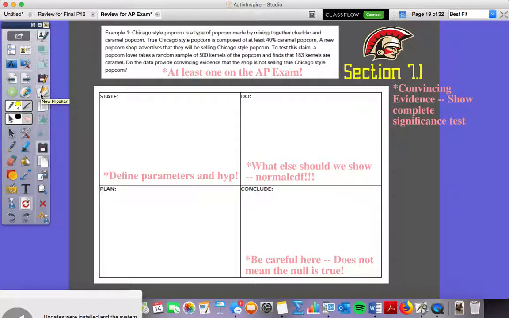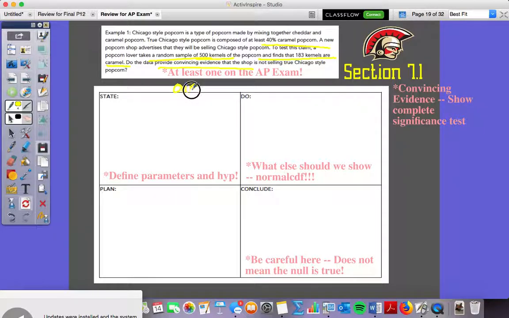It says, does the data provide convincing evidence that the shop is not selling true Chicago-style popcorn? Well, convincing evidence tells me that it's going to be a test. The 40% caramel tells me it's probably a proportion. 500 is my sample size, a random sample, and we find that 183 are caramel.